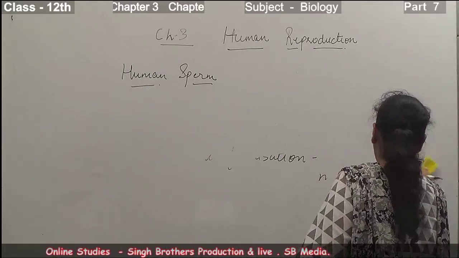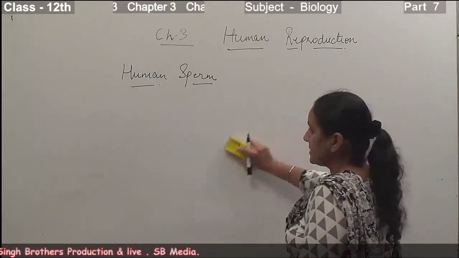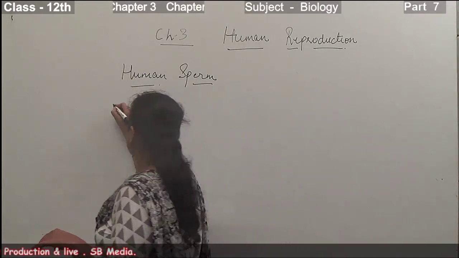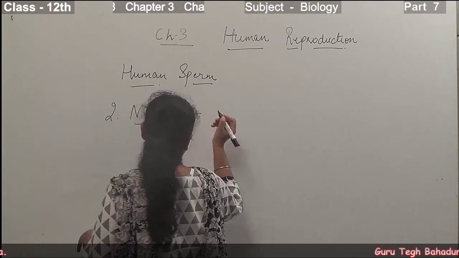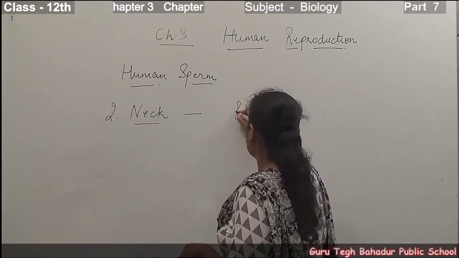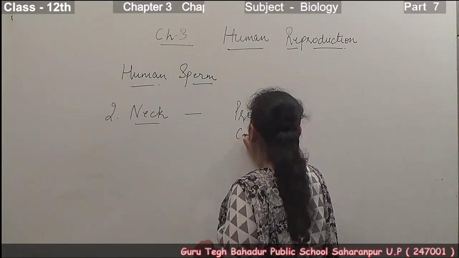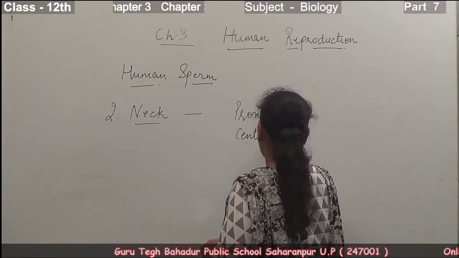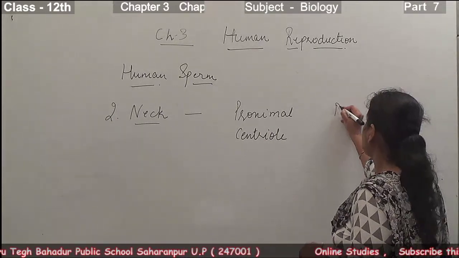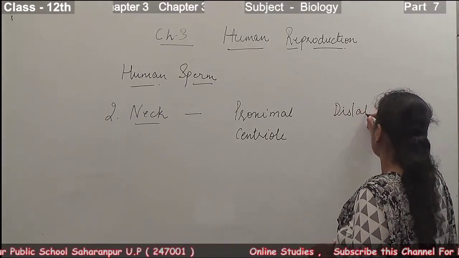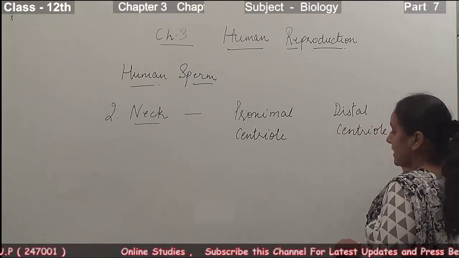The second part of the sperm is the neck. The neck is made up of two parts: one is the proximal centriole and another one is the distal centriole. Now what do these centrioles do?